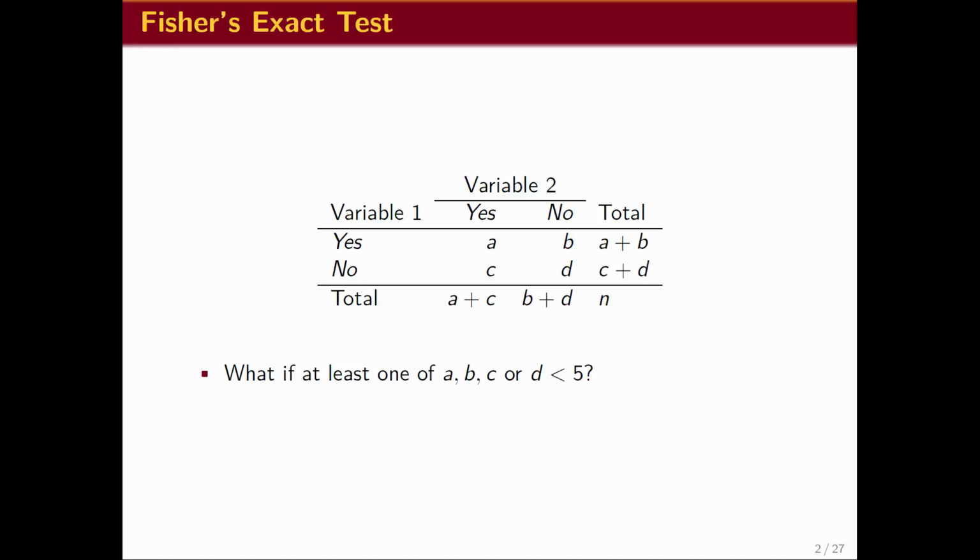But there still needs to be a procedure in place for ascertaining whether, given the number of cups that this person has identified correctly, they've identified that number correctly just due to chance, they got lucky, or whether it reflects some kind of real skill, all right?